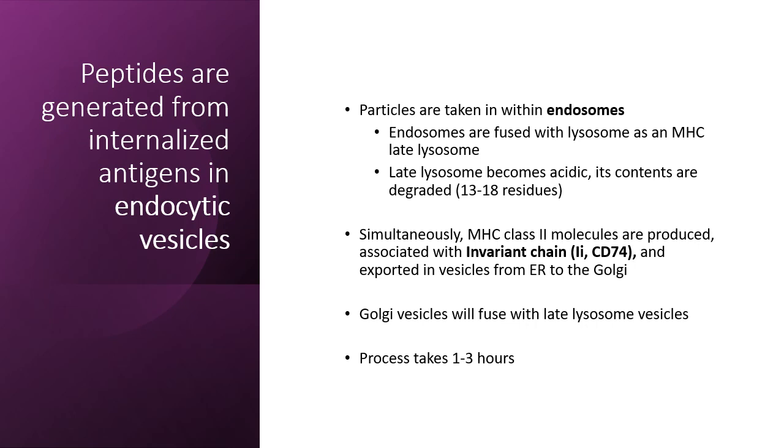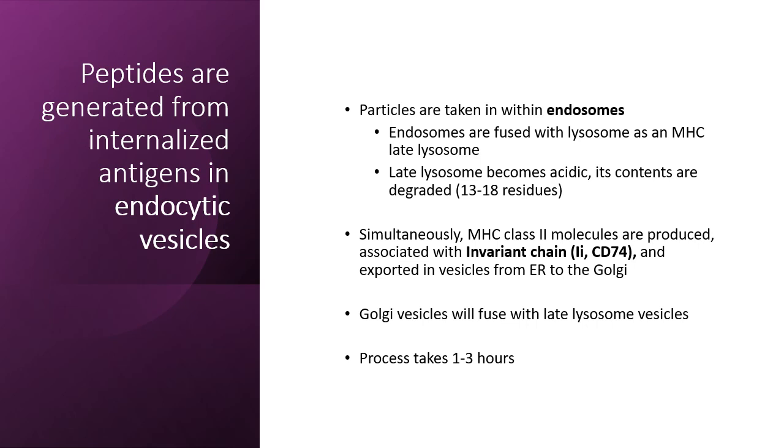Meanwhile, back at the rough endoplasmic reticulum, you had a ribosome that actually started your processing of making an MHC class 2 molecule. Initially, those are going to be associated with an invariant chain. So when we talked about the B cell receptor, when it was mounted on the surface of the cell, initially it was the 2 light chains that were invariant, and those were like a temporary placeholder.